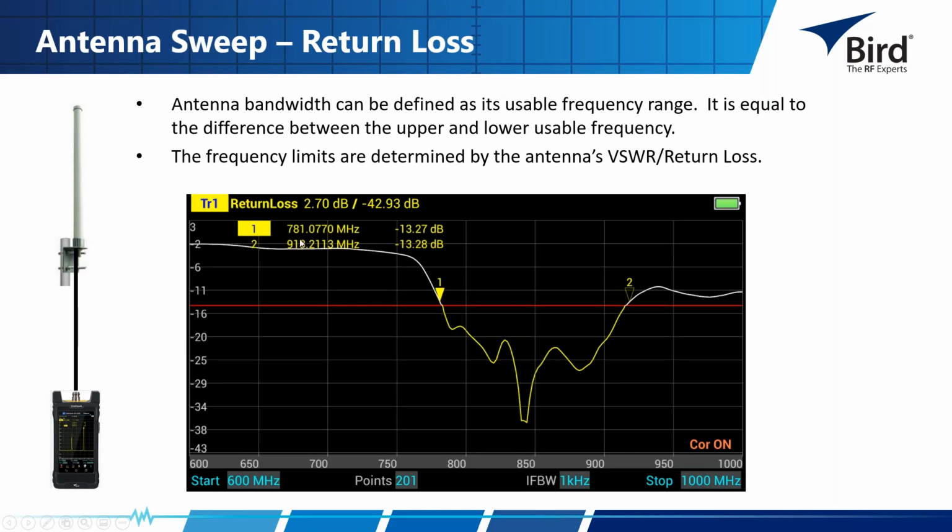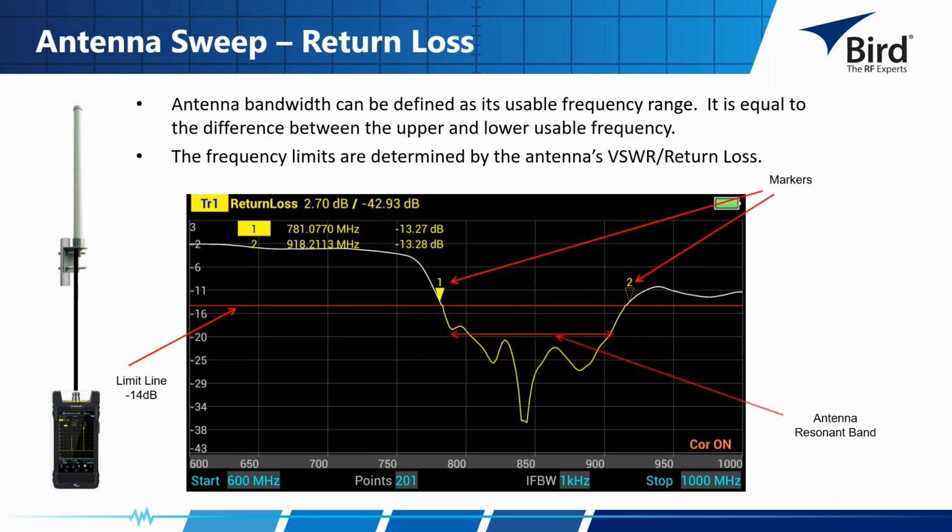From this, I can see that at the low end, marker 1 is at 781 megahertz, where it crosses the limit line, and where it comes back above, marker 2 is at 918 megahertz. And right in between those two markers, that is the antenna resonant band.